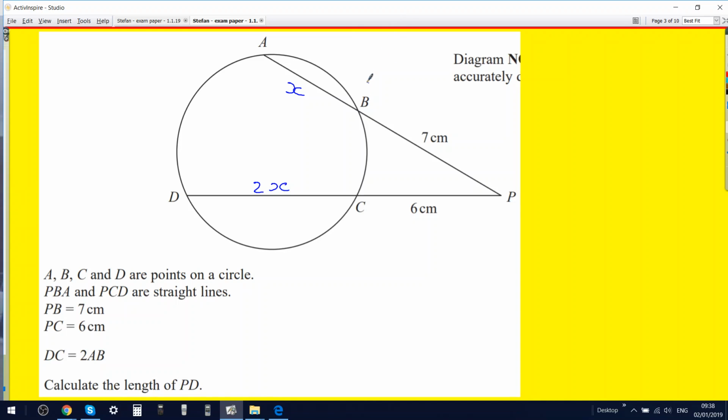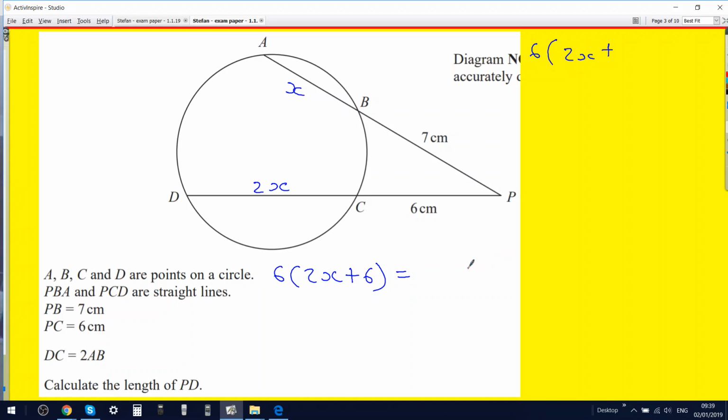So for this one, because you've got two chords that meet at the point, it's the 6 part times the total of that line, 2x plus 6. So 6 times the total of its line: 6 times 2x plus 6 will be equal to the part of the other line times its total.